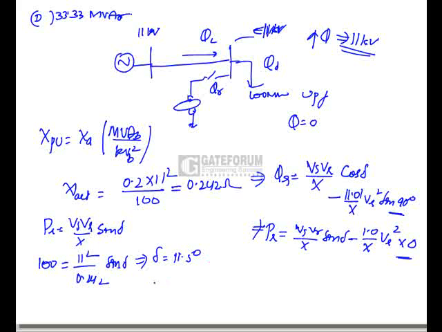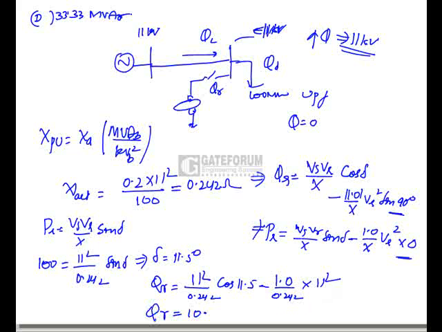From this we found delta as 11.5 degrees. Now QR is equal to Vs into VR, so this is 11 square by 0.242 ohms into cos 11.5 minus V square by 0.242. Now the voltage is not 11 kilovolts, so we have to inject that amount of reactive power. From this we found QR is equal to minus 10.1 MVAR.